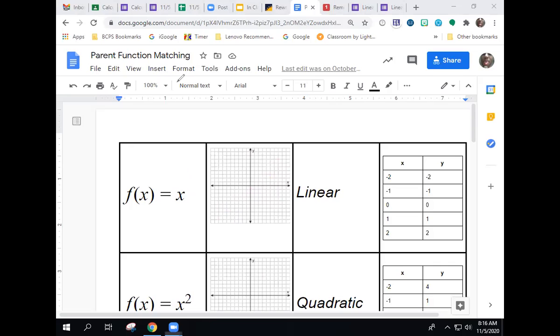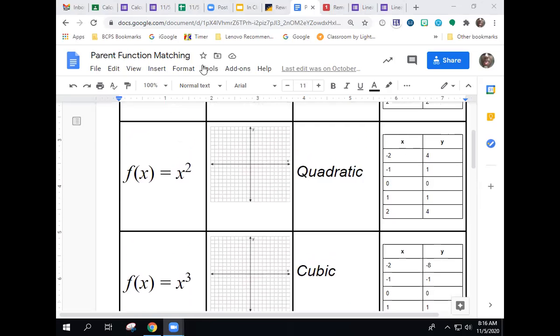Okay, the next one is not the same. The next one is a parabola, and it looks like this. So think about the domain on x. The domain actually goes from -infinity to infinity. That's to say you can plug any number in here. You can plug in -3 or -33,000, however you want.